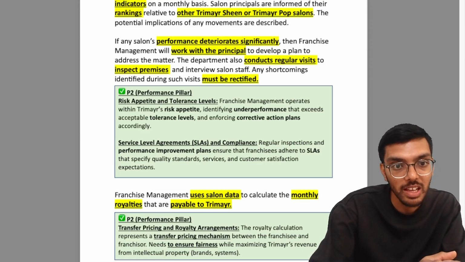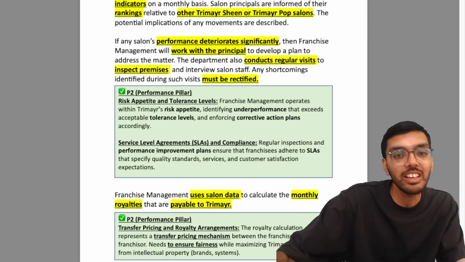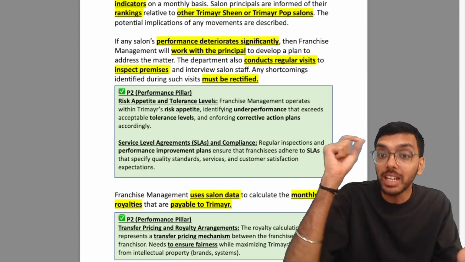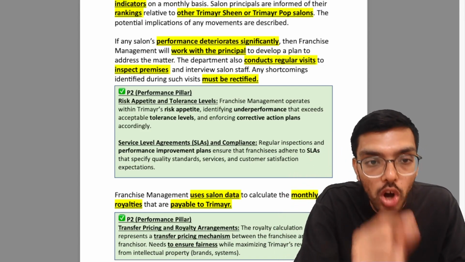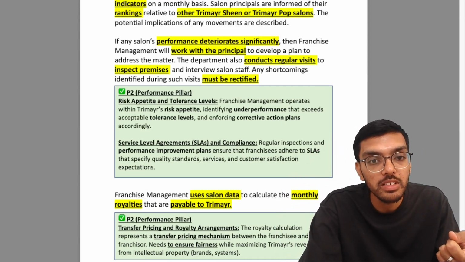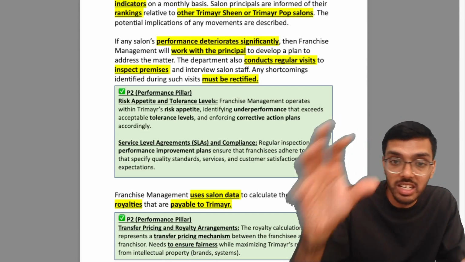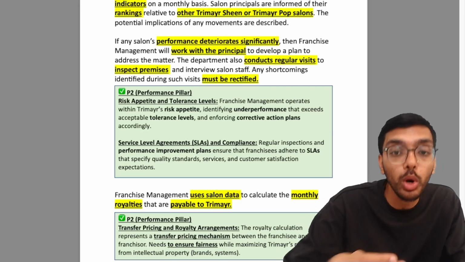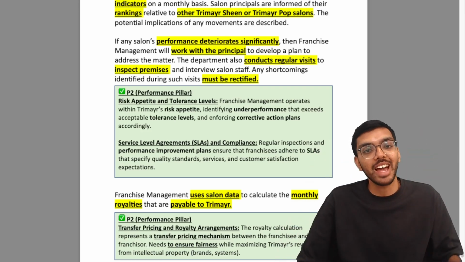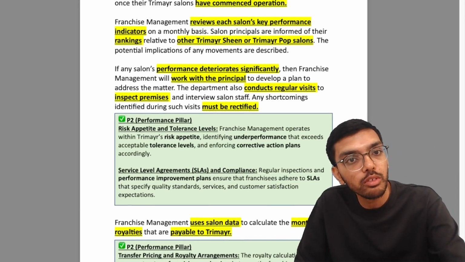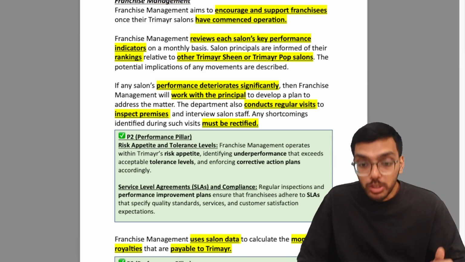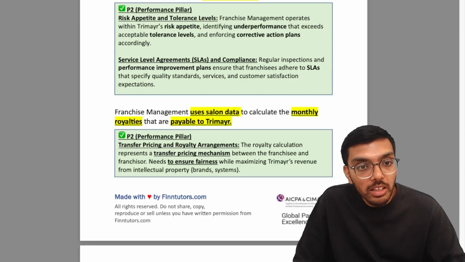We have tolerance levels, but we need to correct it as quickly as possible. But for this reason, strong service level agreements, strong compliance to quality standards, safety standards will be very important from the performance aspect that we give to these franchisees, because only then there is a chance of them doing better.